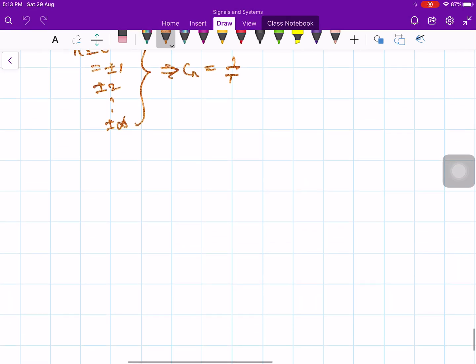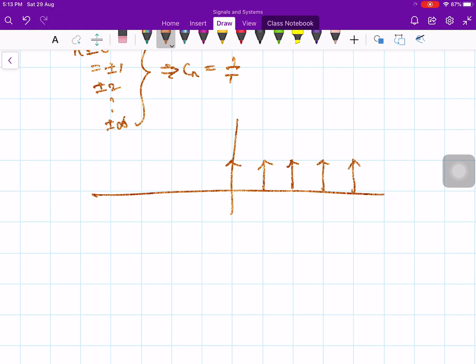Now if you plot the spectrum of this guy, then you have it like this. This is n equals 0, 1 omega naught, 2 omega naught, 3 omega naught, 4 omega naught, and so on. This is omega naught.